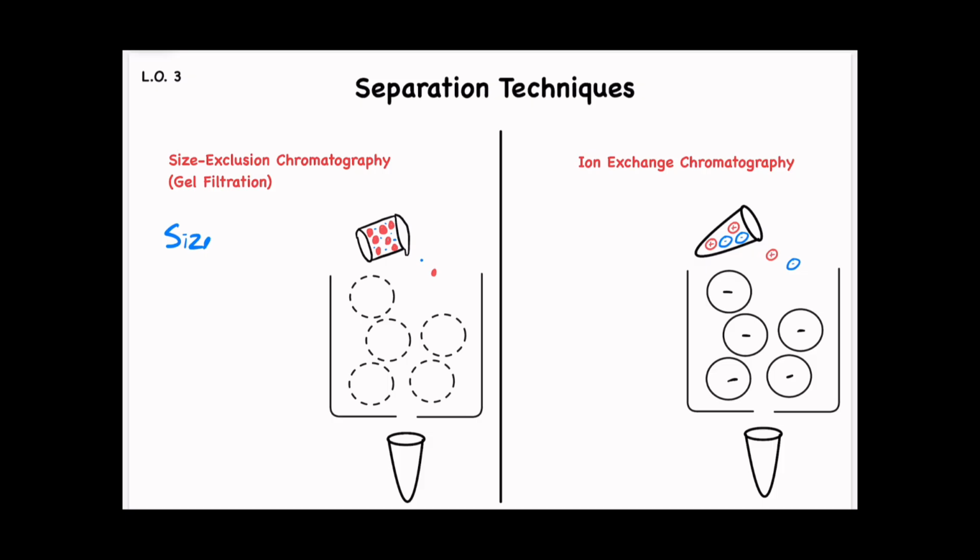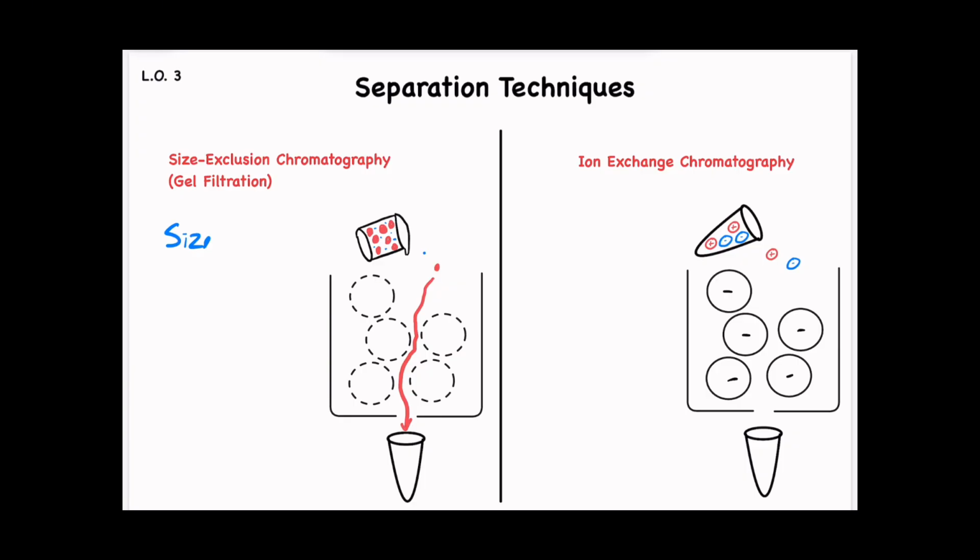And so you'll notice that inside this column, we have porous beads, so they have small holes within them.